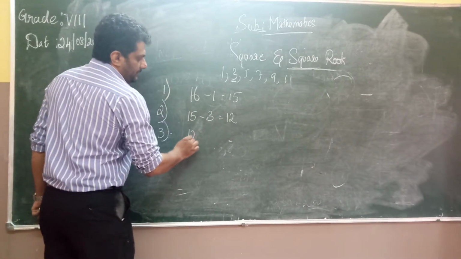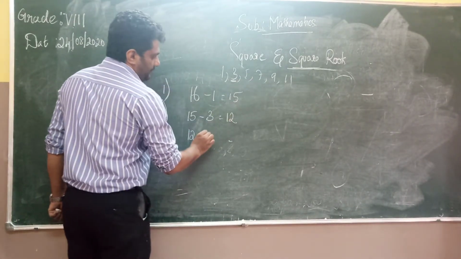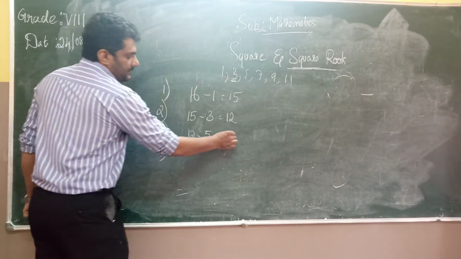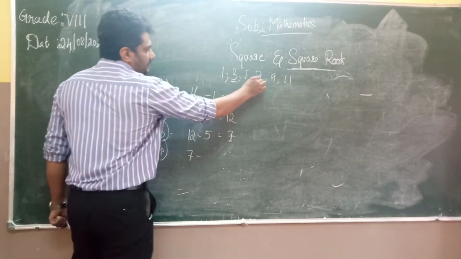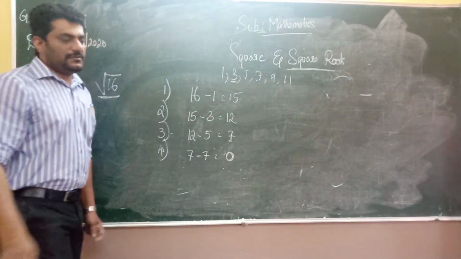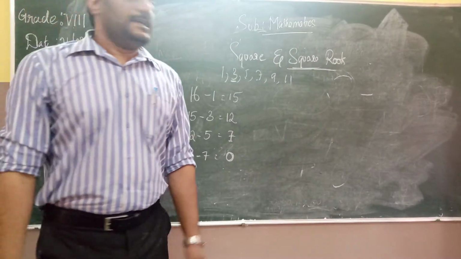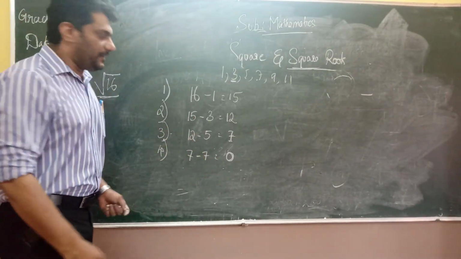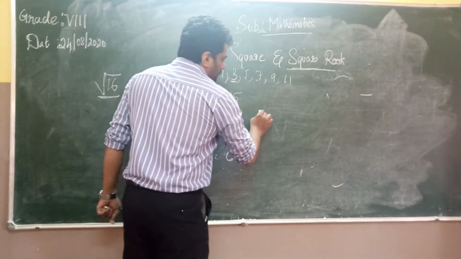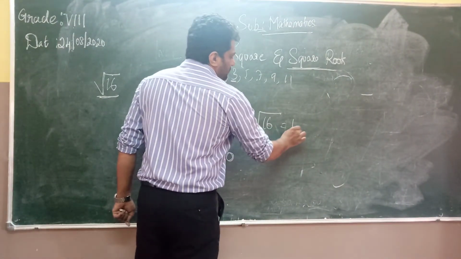Take the 12 minus 5, which is 7. Take 7, the next number is 7, and you get zero. You have to stop once you get the zero. Now, how many steps have we taken? 1, 2, 3, 4. Therefore, root of 16 is 4.